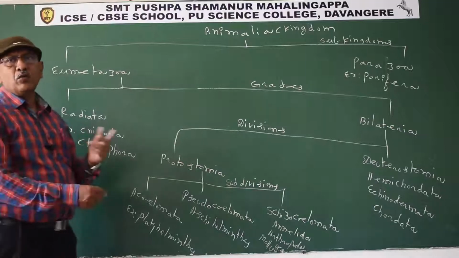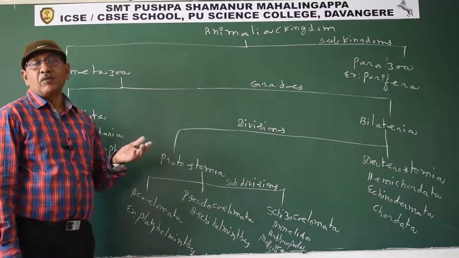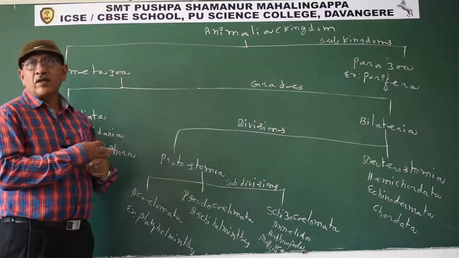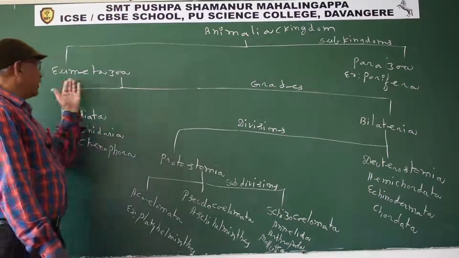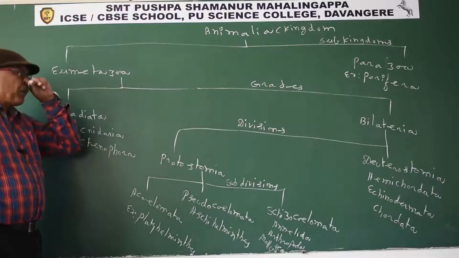Eumetazoa means true multicellular animals. So true multicellular animals contain tissues, organs. Even though Parazoa are multicellular animals, they have no tissues. Eu means true. Metazoa means multicellular animals.